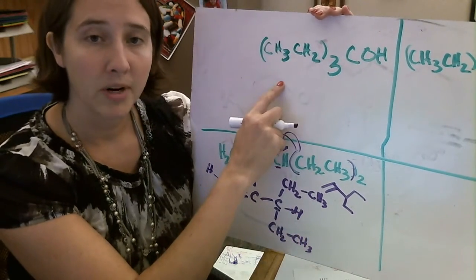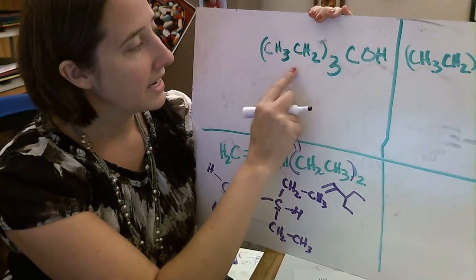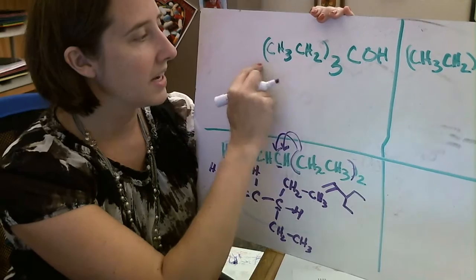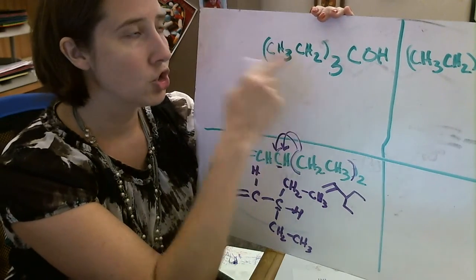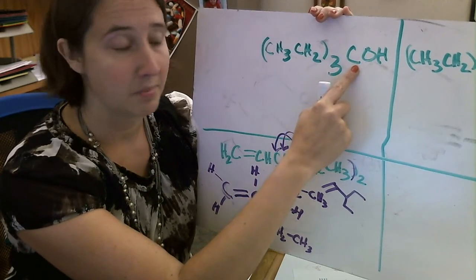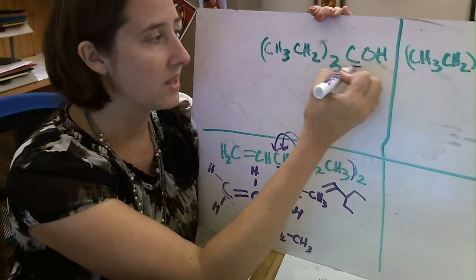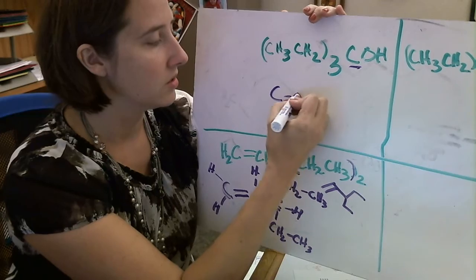I want to do a couple more examples. These are examples directly from your homework. Same idea here, but because I start with something here that has multiple groups off of it, I'm actually going to start my structure off of the first carbon that isn't part of that group. So I'm going to start with this carbon. So I have a carbon. On that carbon, I have an OH.